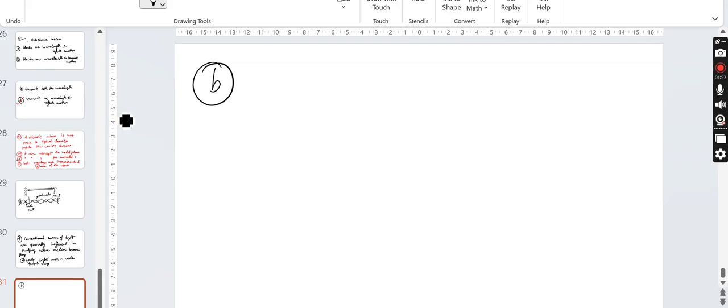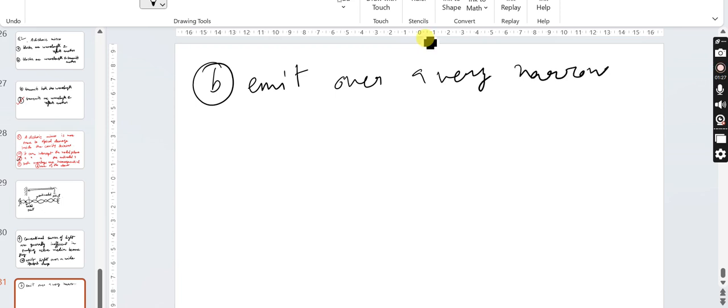B, emit over a very narrow spectral range.